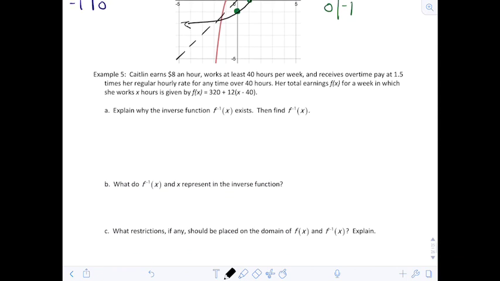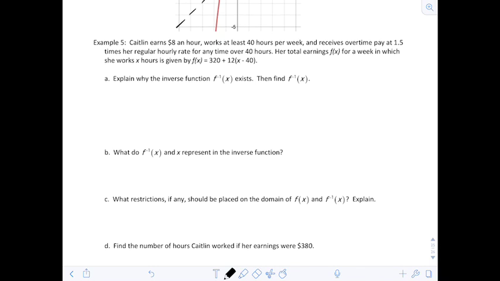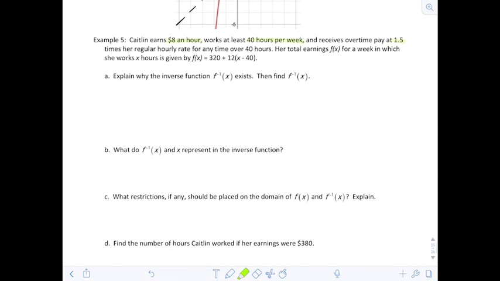We're going to end this lesson with a word problem, of course, relating back to everything we've talked about. Okay, so let's read this. Caitlin earns $8 an hour, and she works at least 40 hours a week. Let me highlight some of this stuff. She makes $8 an hour, 40 hours a week. Her overtime pay is 1.5 times her regular hourly rate for any time over 40 hours.